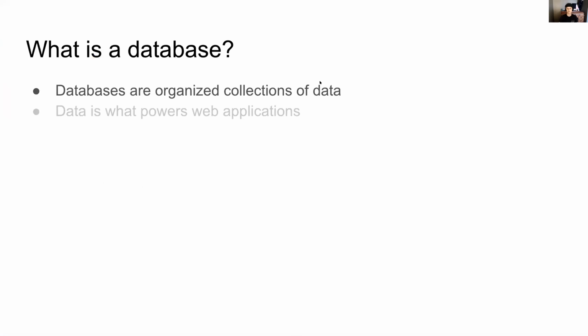Hey, Brian, sorry to interrupt, but has your slide changed? I feel like it might be frozen on my end, but I don't know. Has my slide changed? All I see is "what is a database, structured collection of data," and very faint "can have relationships." I don't know if that's what you're seeing also. That is not what I'm seeing. Is anybody seeing the same thing? Yeah, I see that too.